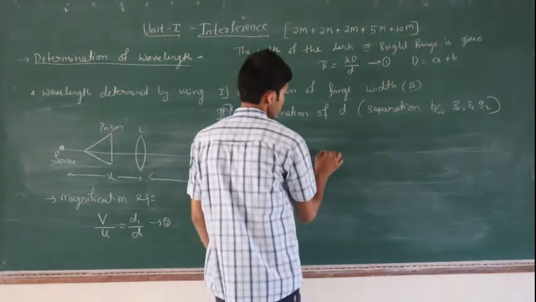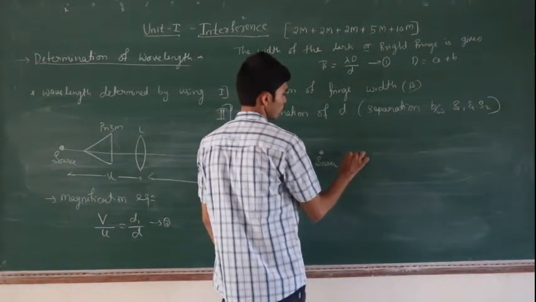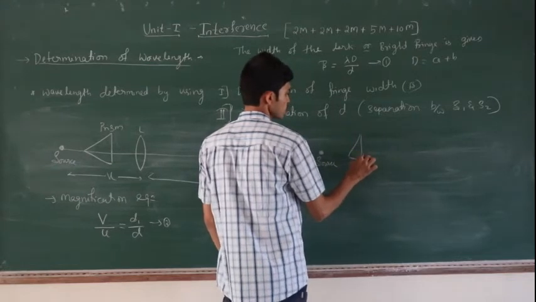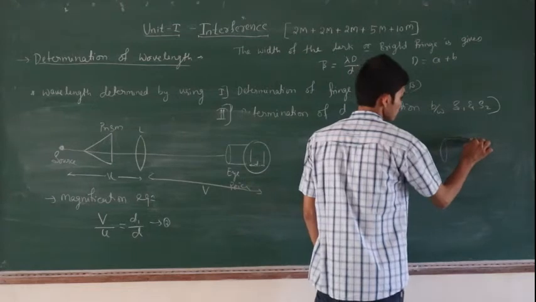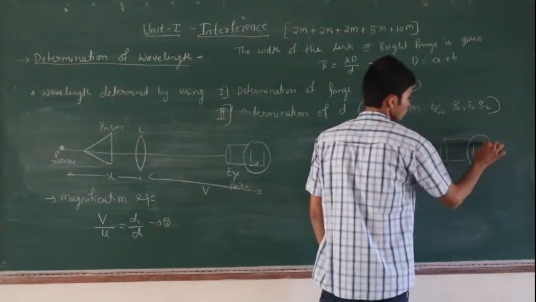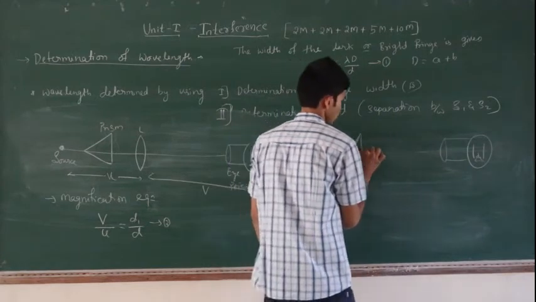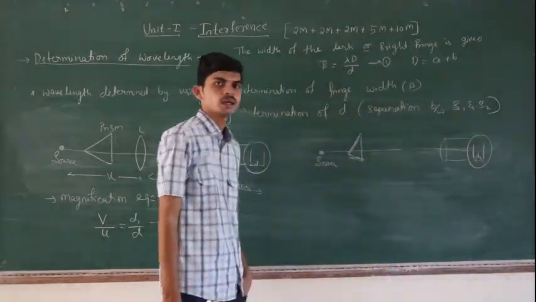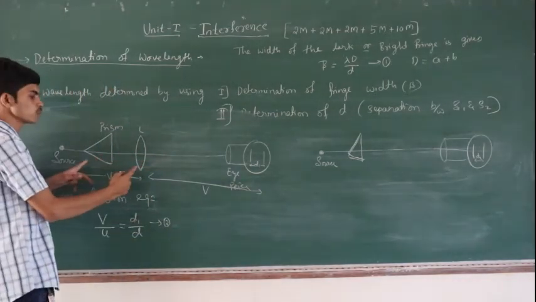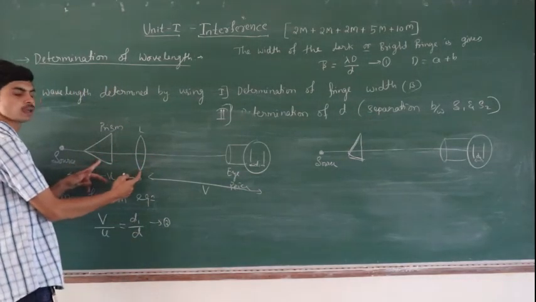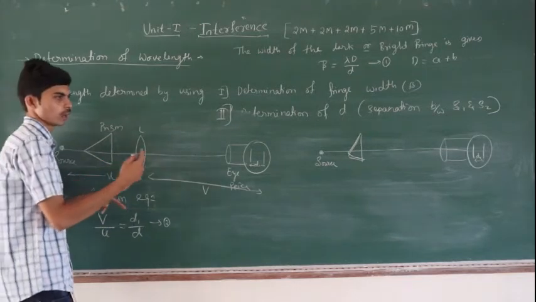Similarly, in the same setup, that is the source as well as the prism and the eyepiece, here also d2 is formed, that is considered d2. This time the distance between the source or prism and the convex lens is very small.